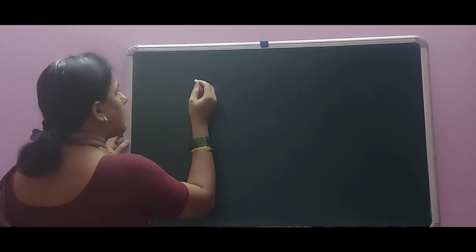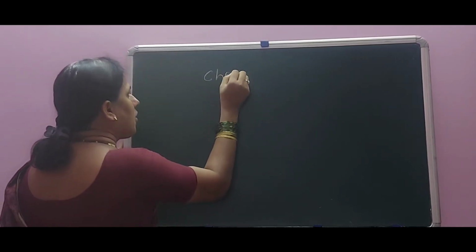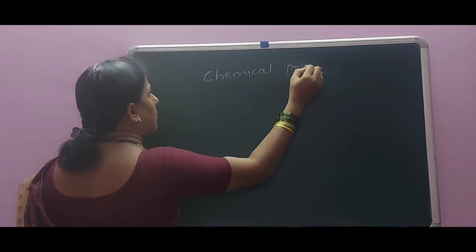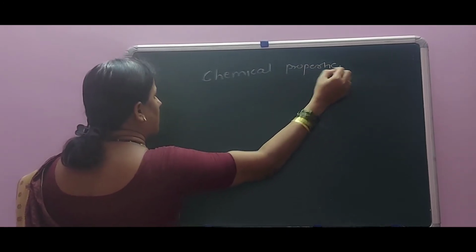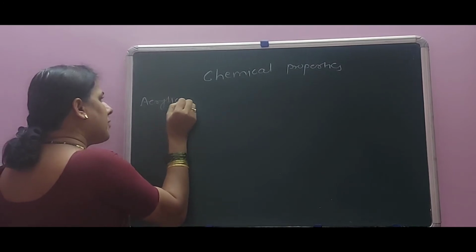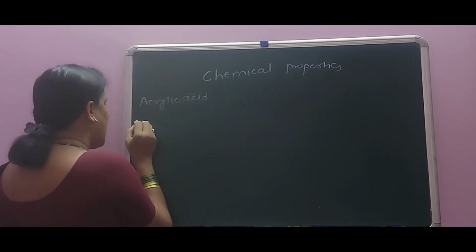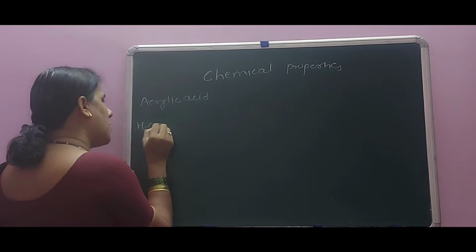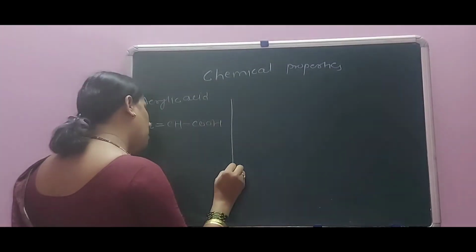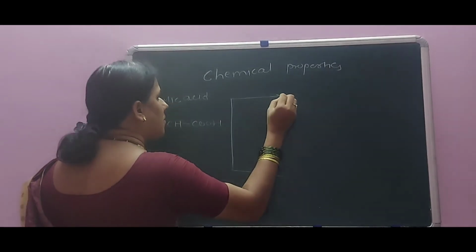First one is acrylic acid, having the formula CH2=CH-COOH. It undergoes two kinds of reactions.